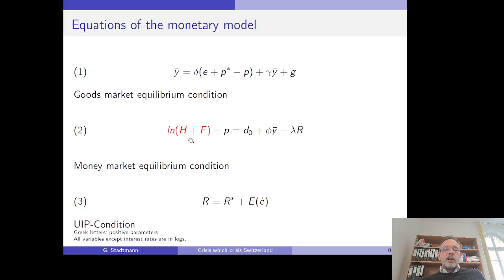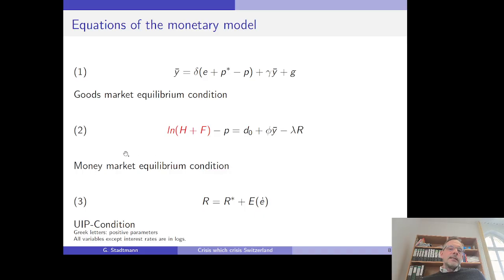Then we have a fixed exchange rate system, which you can see here, because the money supply consists of a domestic component, the home component of money supply, and the F represents the reserve component, the foreign component of money supply. The left-hand side of equation 2 is the real money supply, and the right-hand side is the real money demand, where we have an autonomous component of money demand.